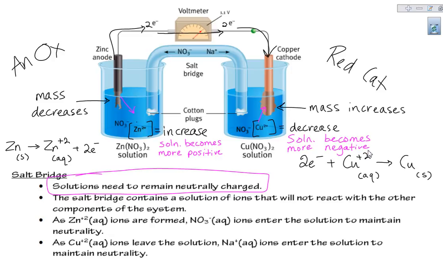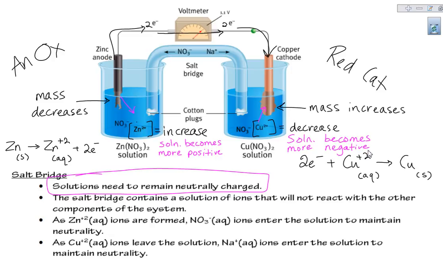So you're going to see a lot of nitrate, maybe some chlorine if that's a spectator, as long as it can't react with anything in the solution. You might see sodium or potassium. It's going to be a bunch of spectator ions. So you fill this salt bridge, which again could be any kind of porous membrane, with a solution of spectator ions.